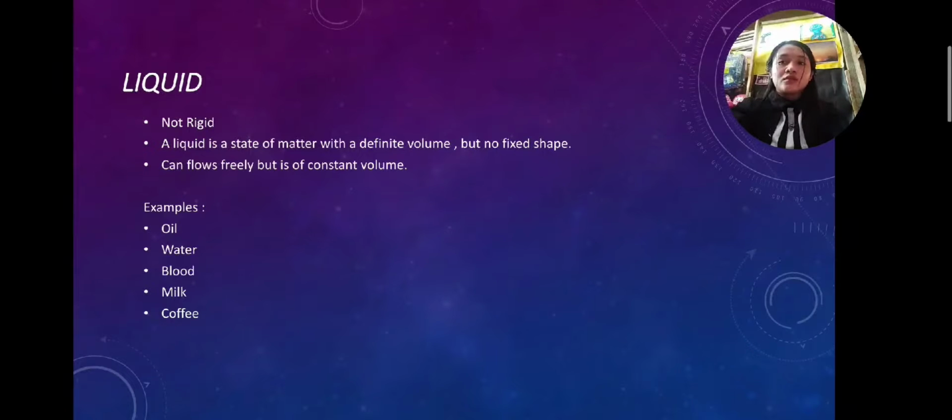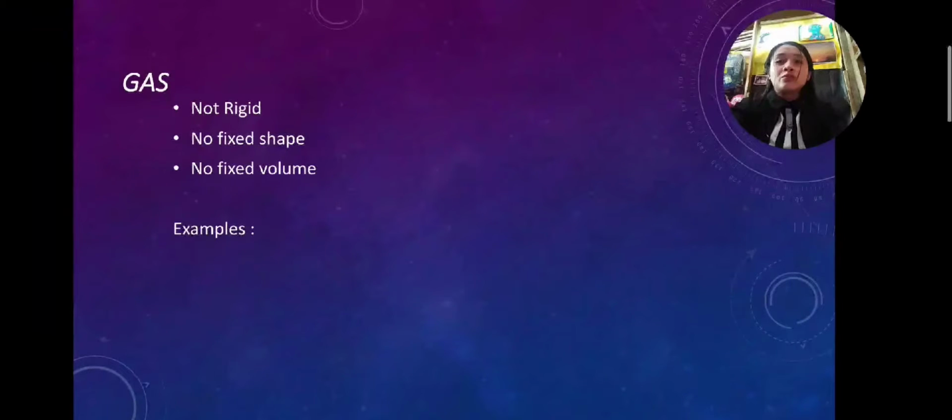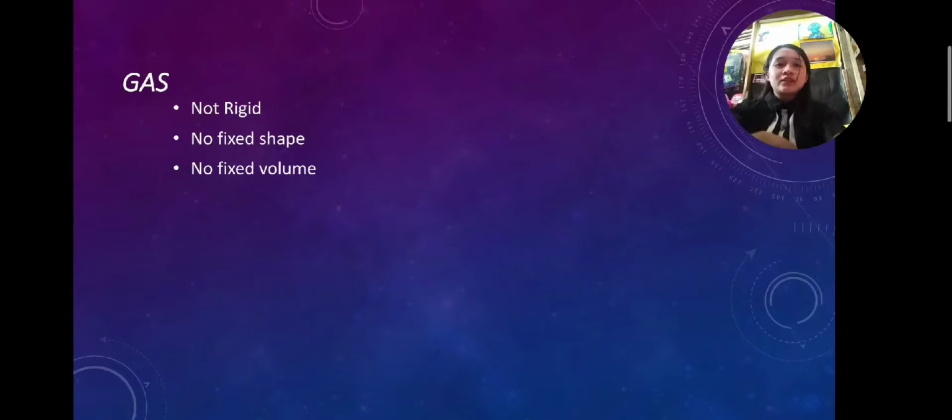And then we have gas. Gas is not rigid, with no fixed shape and no fixed volume. Gas molecules have either very weak bonds or no bonds at all, so they can move freely and quickly.